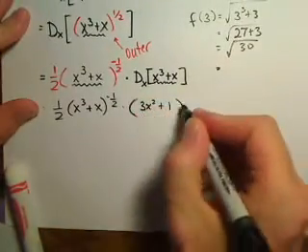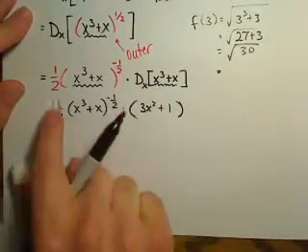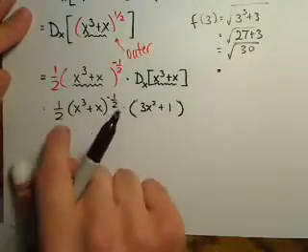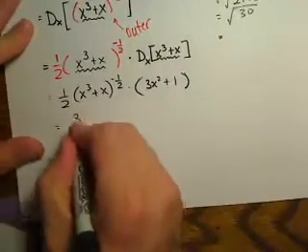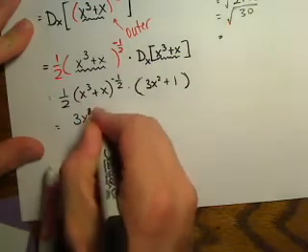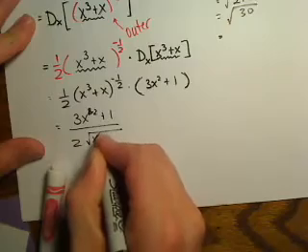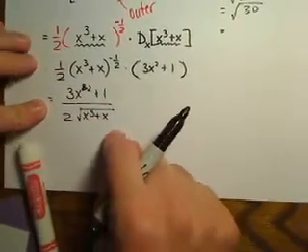And I do want to highlight the parentheses here. There's a difference between without the parentheses, where it is this mess times 3x squared, and then you add 1 at the end, and this mess times this quantity. Because when you go to simplify it, this is 3x squared plus 1 over 2 square root of x cubed plus x. That is as simple as I really would want.